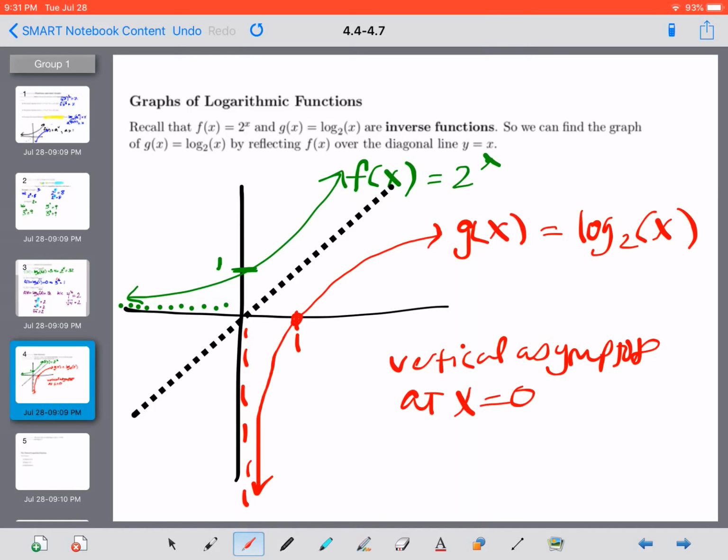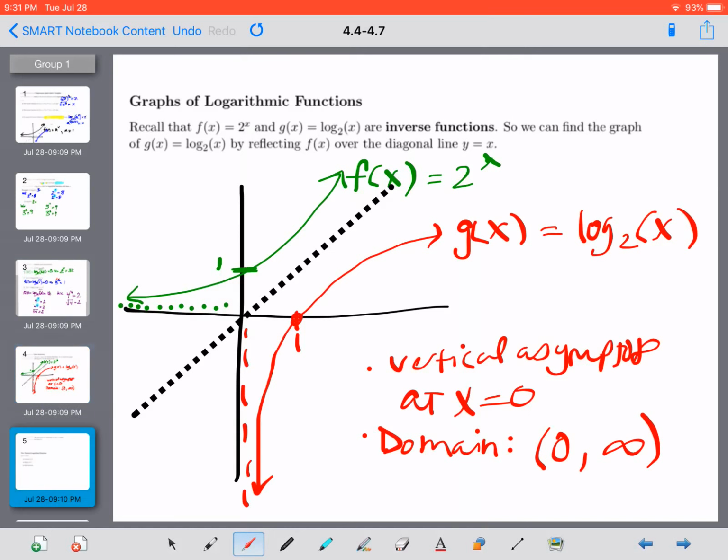And notice that there's actually no values of the function at all for negative x values. Right? The function never crosses this line. It's just not defined for any negative x values, which means the domain of this function is going to be all real numbers that are strictly greater than 0. So we could write that using the open interval from 0 to infinity.